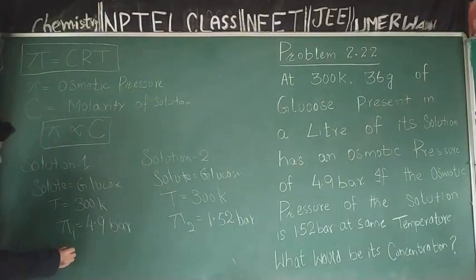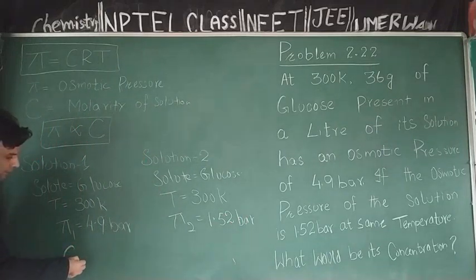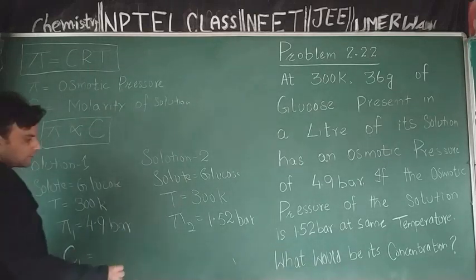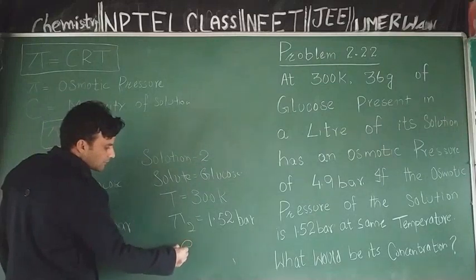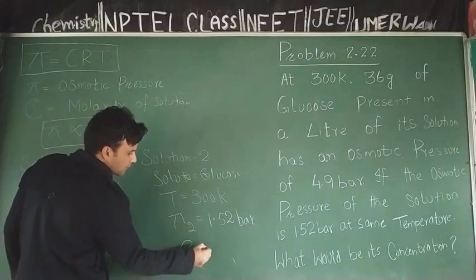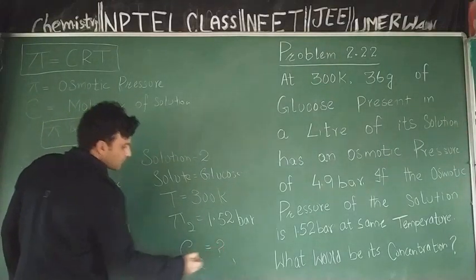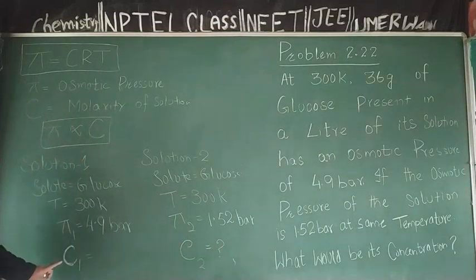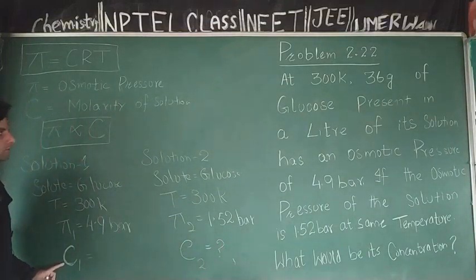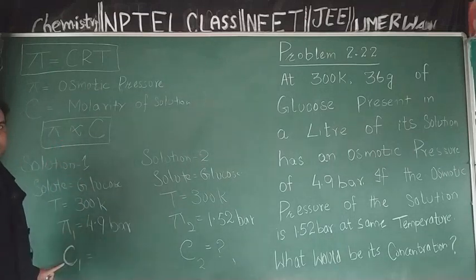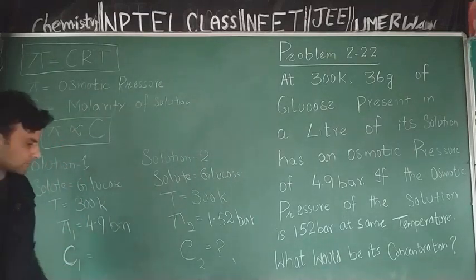Now first idea is that I will calculate molarity of solution here, C1, and then only I can calculate concentration of this solution, C2. And how can I calculate this concentration? From given mass of solute glucose, that is 36 grams.